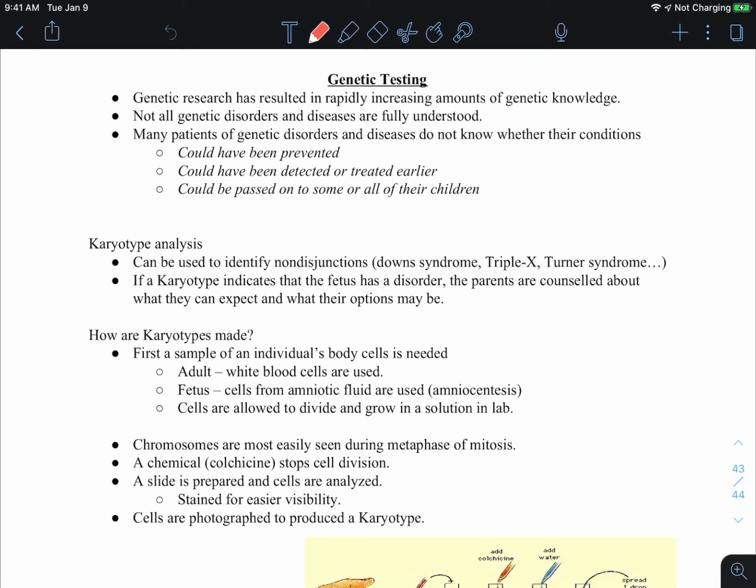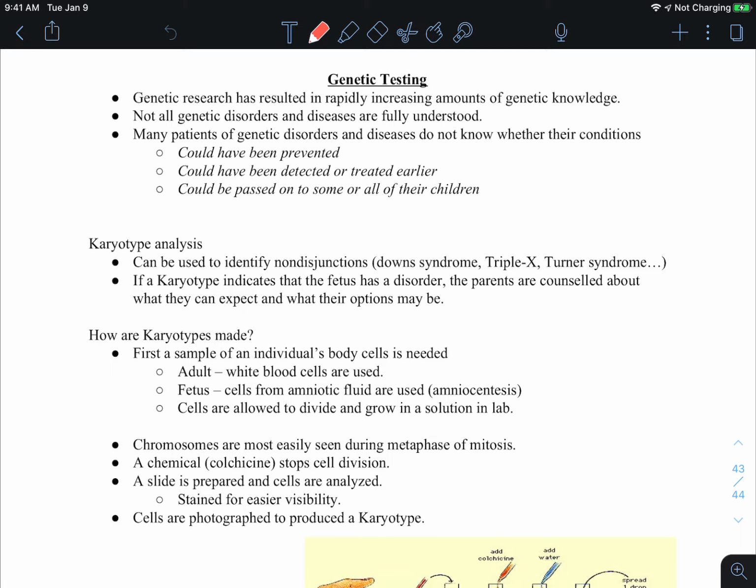So this is the idea of genetic testing. Genetic testing is a growing field of study and action in biology. Certainly genetic testing is now used throughout, even with our current coronavirus pandemic. There's lots of genetics being studied to see connections between the disease phenotypes and genes.